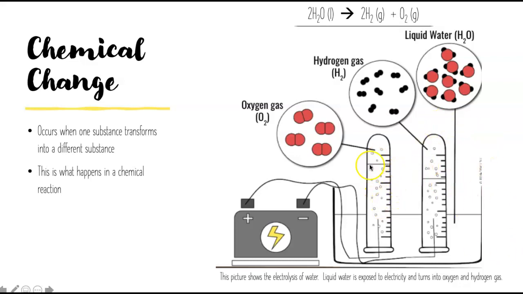And so you can see the gas forming in these test tubes. Right here, you can see, obviously, there's more hydrogen gas forming than oxygen gas, and that's because there's more hydrogen in the liquid water molecules. And that's going to be very important as we start to represent these chemical changes with chemical equations, like the equation you see right above there.